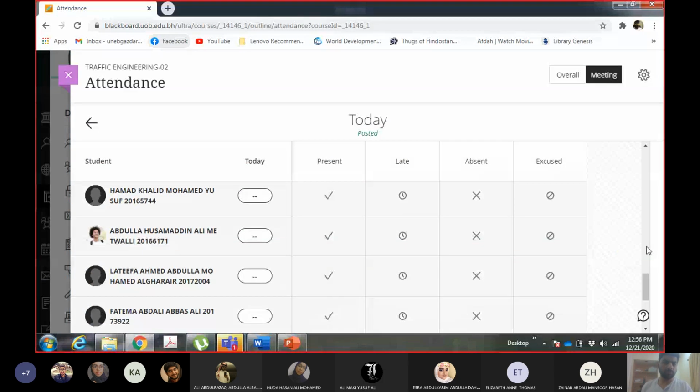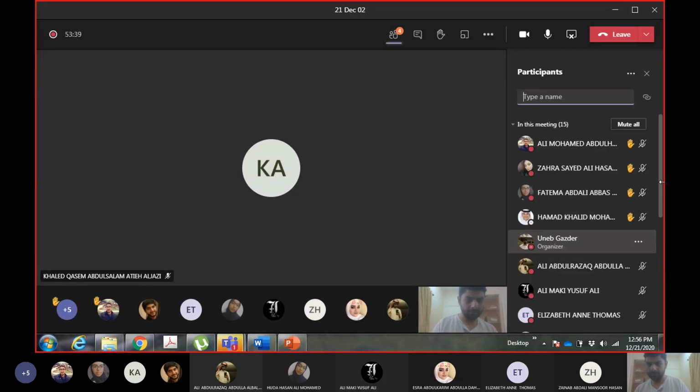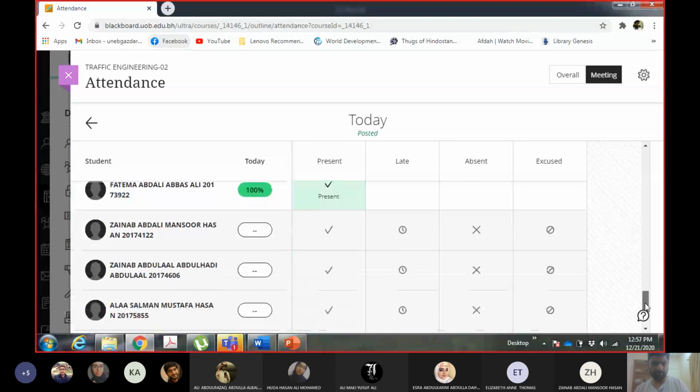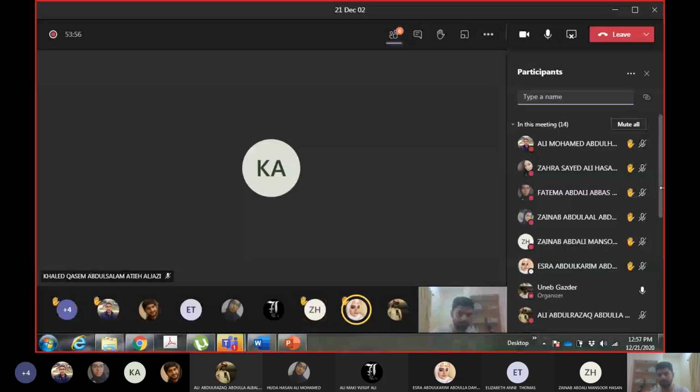Ahmad Khalid, Abdullah Husamuddin, Latifa Ahmad, Fatma Abdali. Zainab Abdali, Zainab Abdulal, Ala Salman, Isra Abdul Kareem.